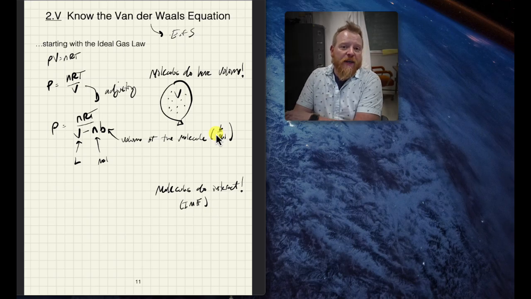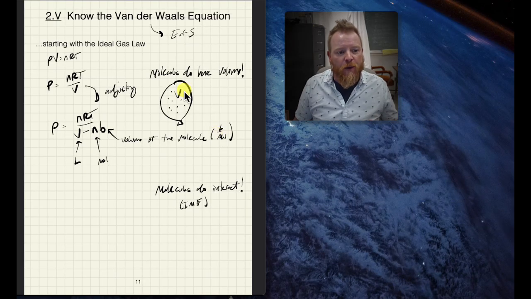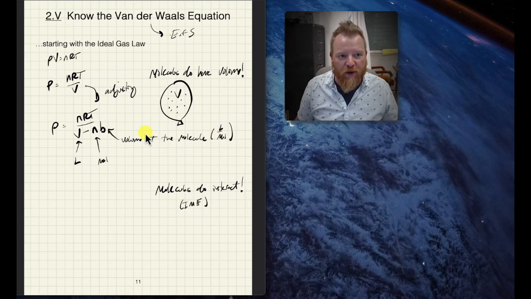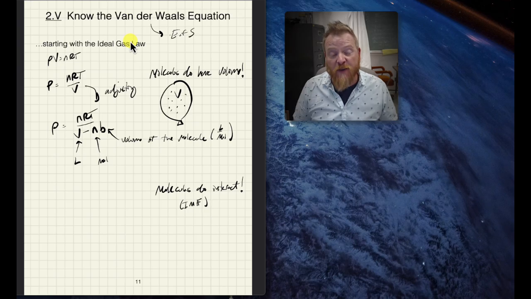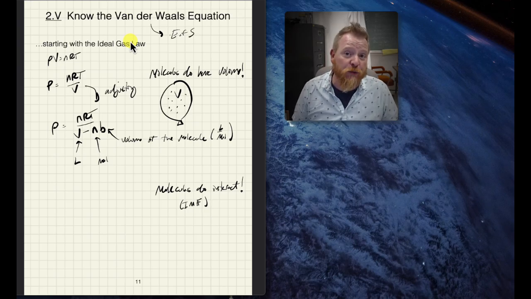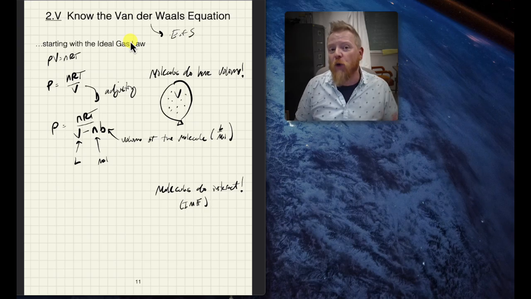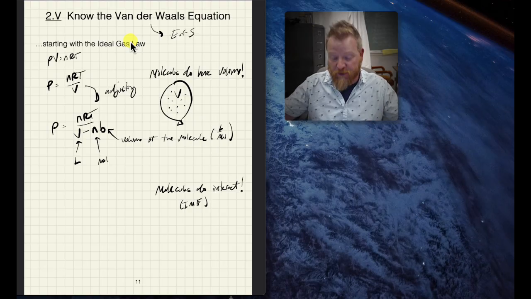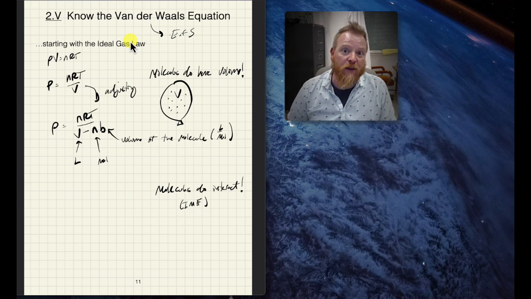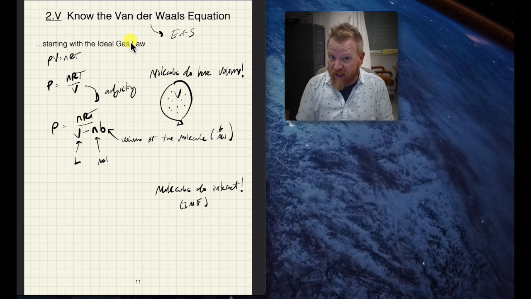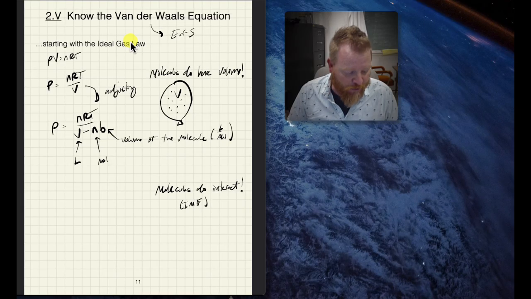And generally speaking, on most conditions on planet Earth and the way that this equation was developed, in the low pressure regime or moderate pressure regime, the forces are attractive. So that's going to have the effect of bringing the molecules a little bit closer together.